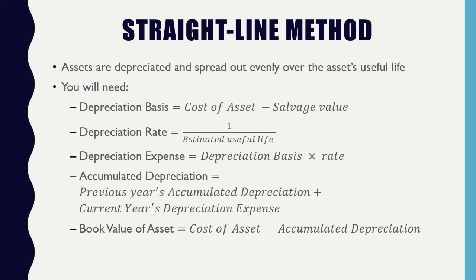Except this time, instead of multiplying it by 2, you're only depreciating it once. The depreciation expense is your basis times rate. The other 2 formulas are the same: you have your previous accumulated depreciation plus the current depreciation expense, and then your book value is the cost of the asset minus the accumulated depreciation.